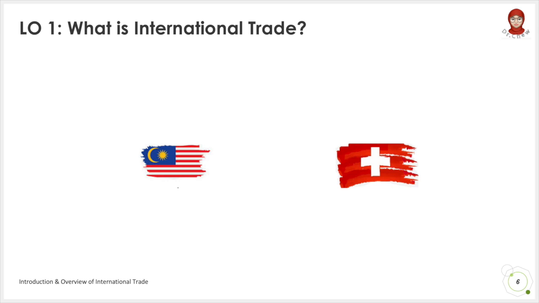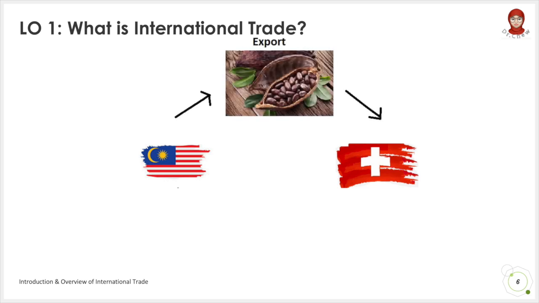So, what do you think Malaysia will export to Switzerland? Malaysia exports cocoa bean to Switzerland, which cocoa bean can't be grown in Switzerland due to its climate and weather.